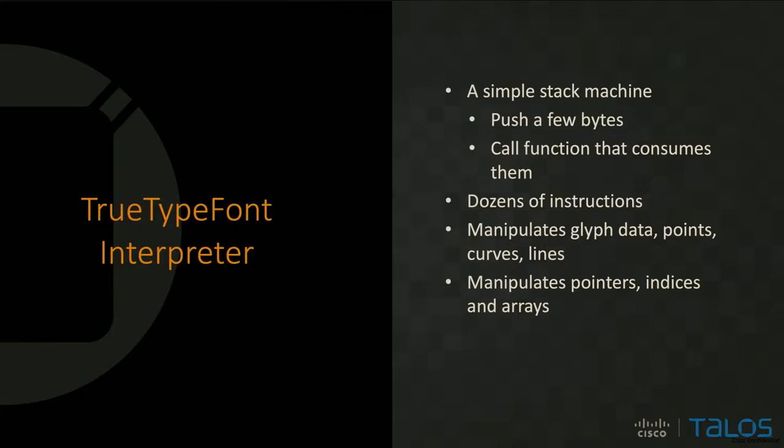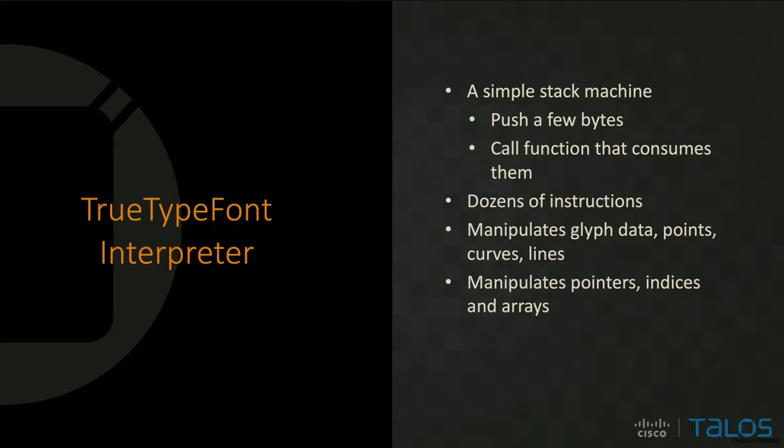The TrueType font interpreter is a simple stack VM. If you disassemble it, it looks like it pushes a couple of bytes onto the stack, then calls an instruction that consumes those bytes, makes some transformation, and pushes results onto the stack, and so on.